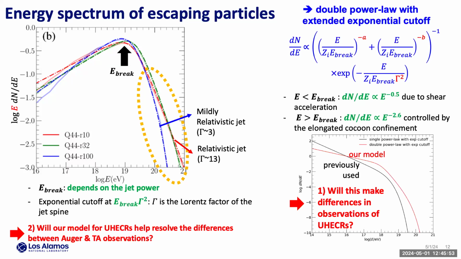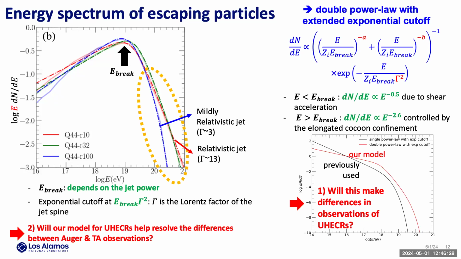So this is a comparison between our model and the models previously used by people in this field. Previously, people just used the energy spectrum from the source as a simple power law with exponential cutoff, because they just assumed that there are some strong shocks, so they just used an E to the minus 2 power law spectrum. But here we suggest a new model for the source energy spectra.